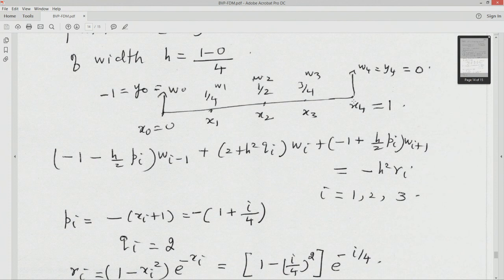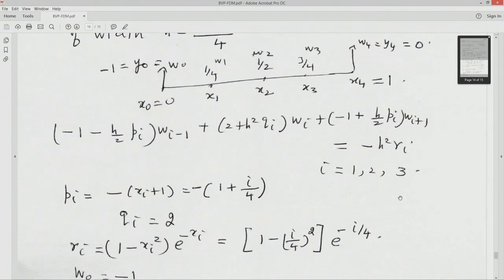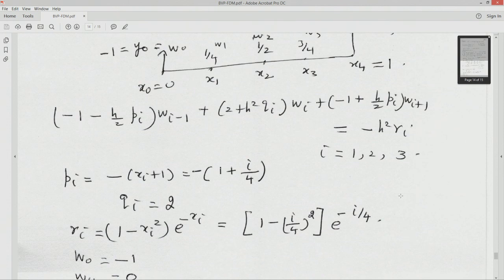So, we replace the derivatives which appear in the differential equation by appropriate second order accurate central difference formula, multiply throughout by minus h square, and then collect the like terms and then obtain the finite difference equation which is given by this. So, this is valid for i equal to 1, 2, 3, which are the interior points.